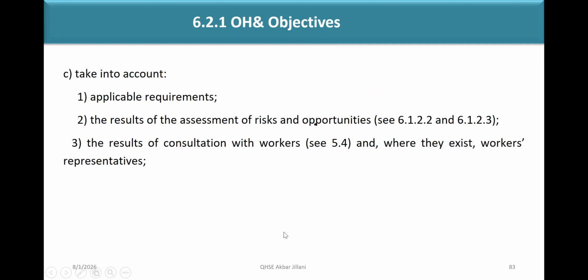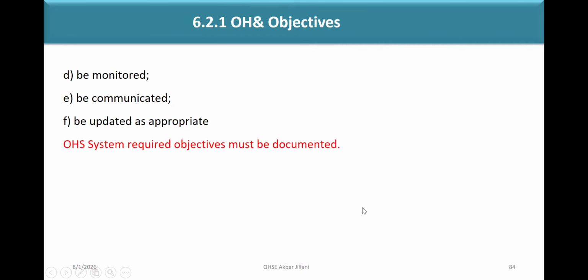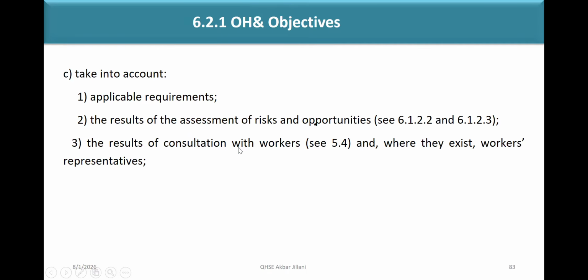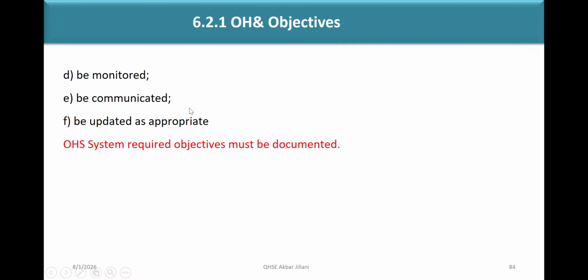When we are developing the objectives and targets, we will consider the legal requirements, then the risks and opportunities, and the input taken from the consultation with workers. The objectives will be monitored and communicated, because if we do not communicate, then how will we achieve?